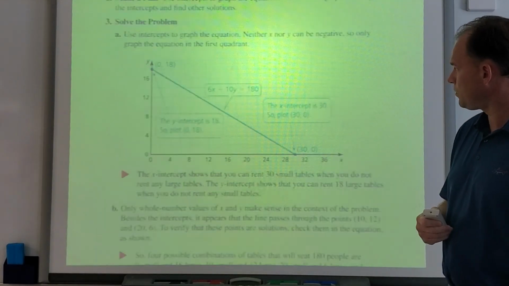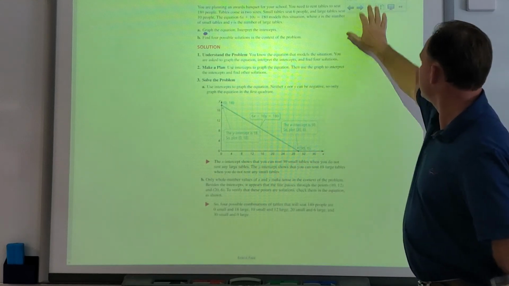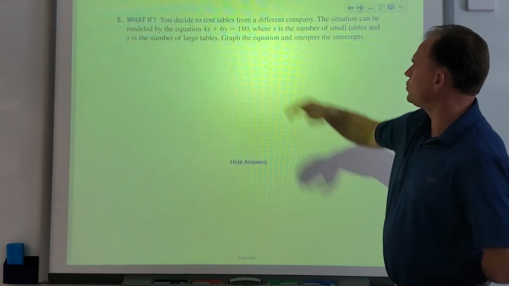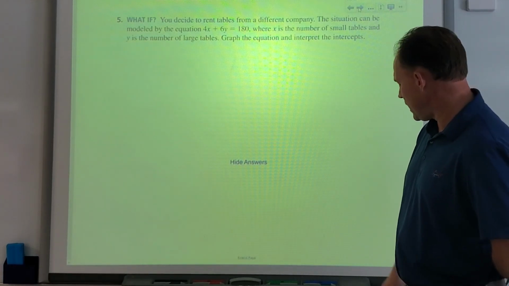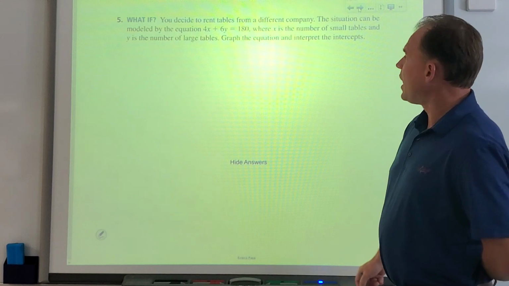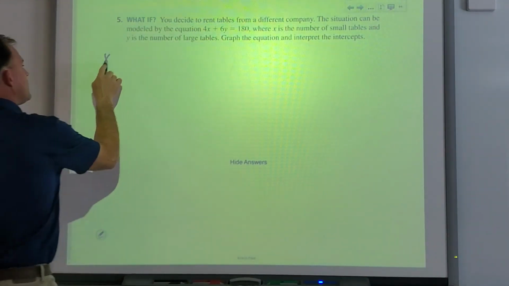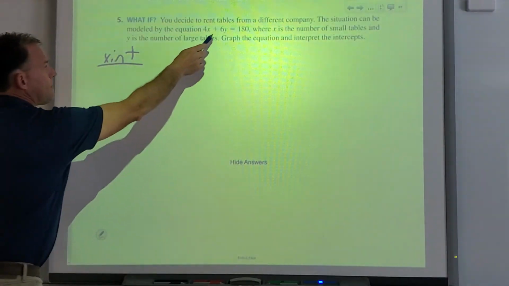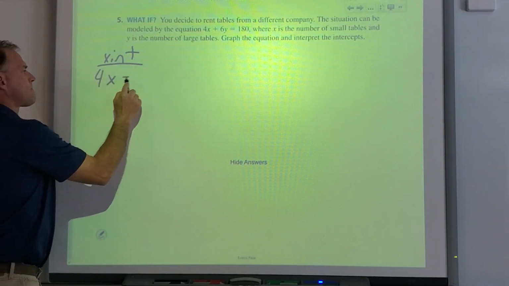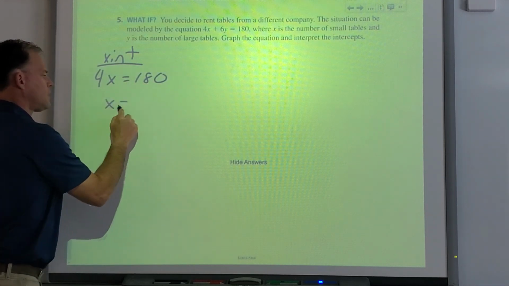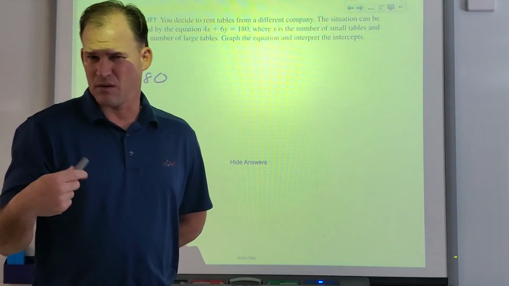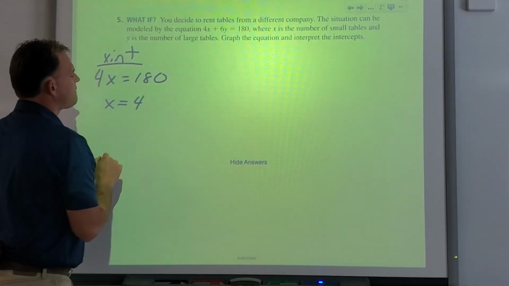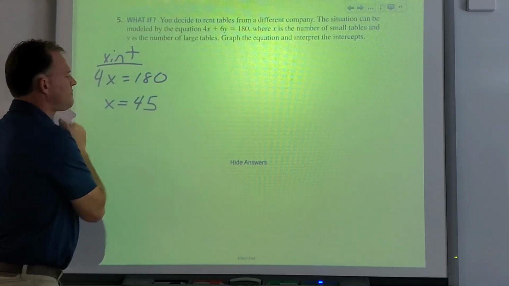All right, so let's practice this again. It says here you want to rent tables from a different company with this situation: 4x + 6y = 180. X is still small, Y is still large. Again, if I want the x-intercept, I put 0 in for y. 6 times 0 is going to be 0, so I skipped a step there. 4 goes into 180, 45 times.